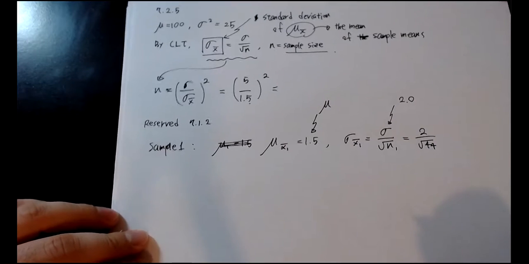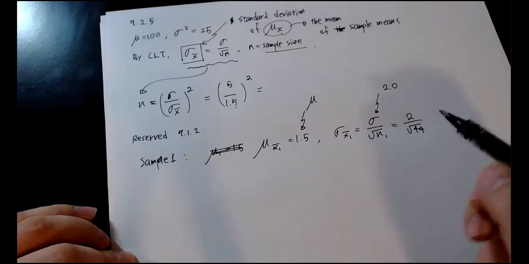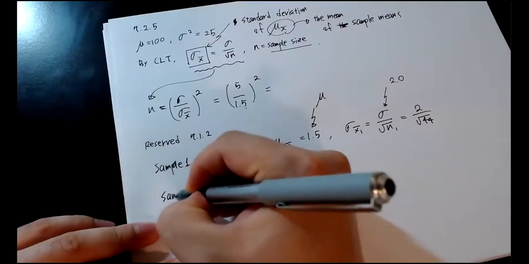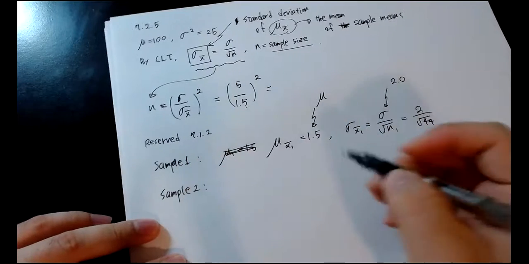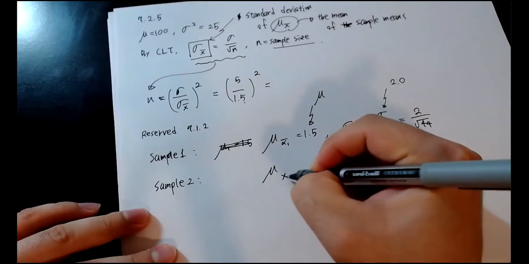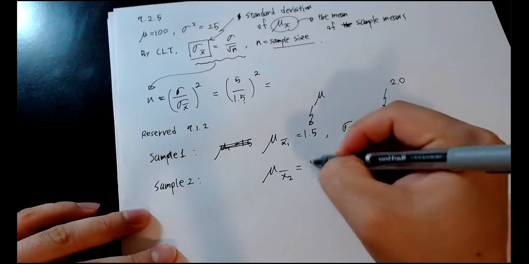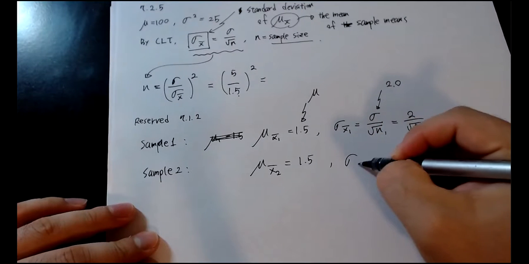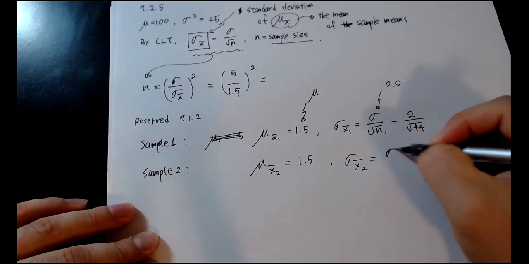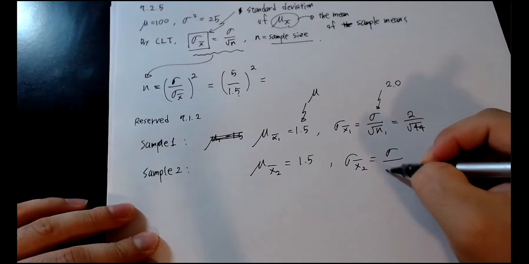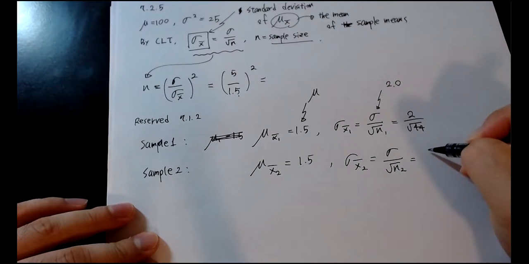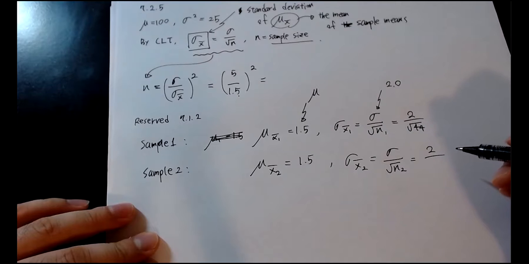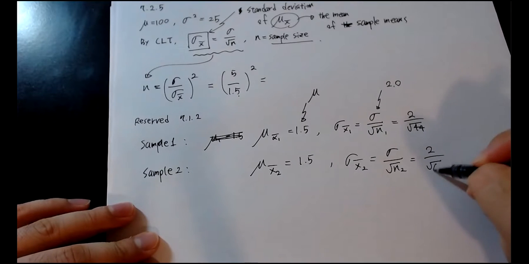Now for sample 2, mu x2 bar is also equal to 1.5 by CLT. And by CLT, sigma x2 bar is equal to sigma over square root of n2. The sigma is 2, and n2 is 60, so square root of 60.